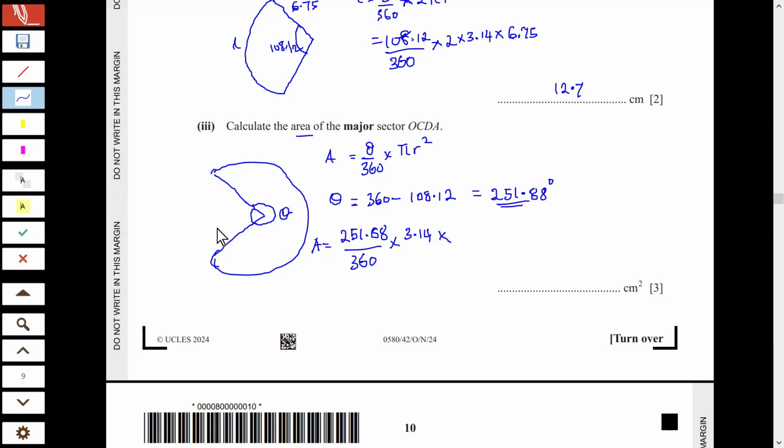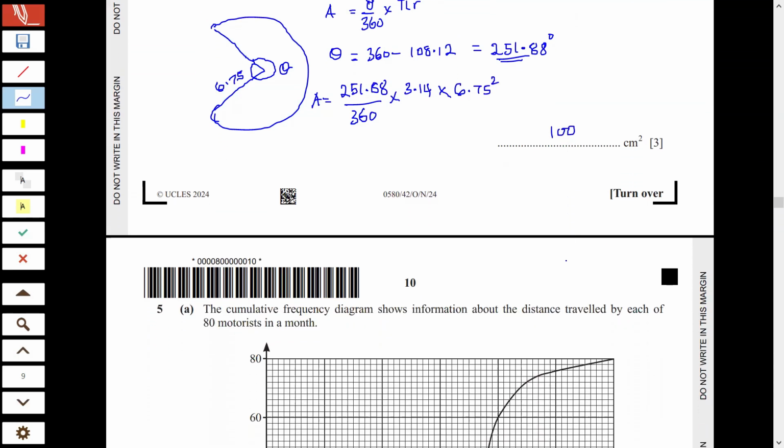The radius is given as 6.75, so we have 6.75 squared. Now use your calculator to multiply out and then divide by 360. So we're going to get 100 centimeters squared as the final answer.